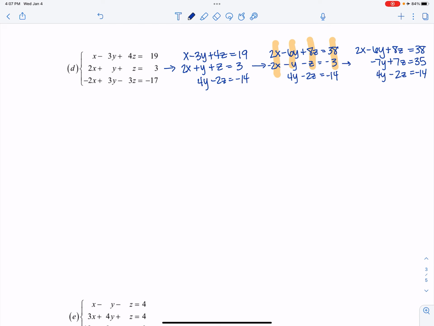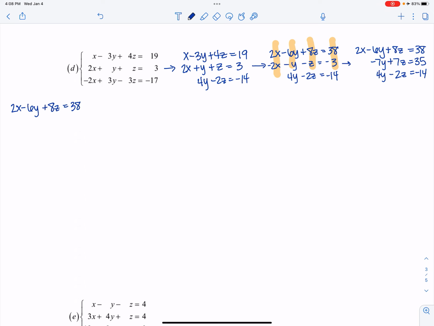Now I'm going to divide the middle by 7. It looks like everything's a multiple of 7. So the top I'm going to leave 2x minus 6y plus 8z equals 38.